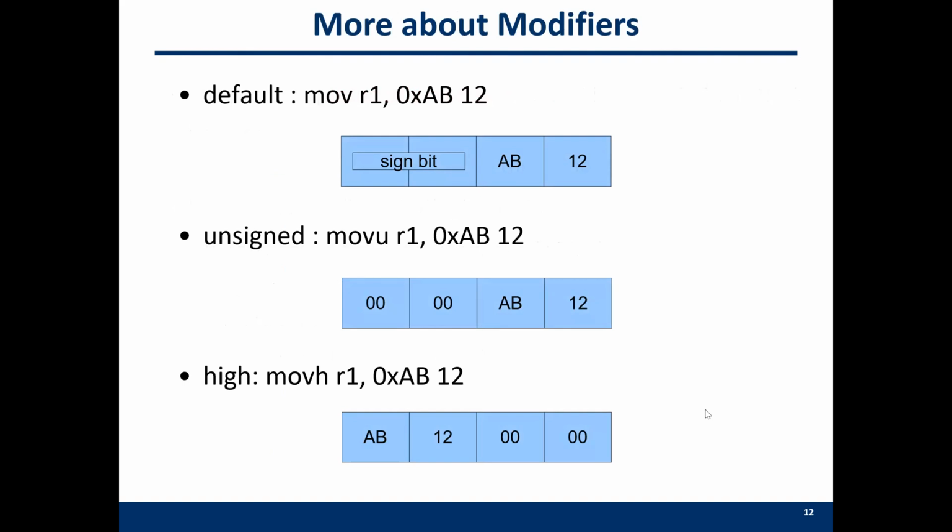So here is one example. If you use move, immediate data to the R1 register, so this is the result.